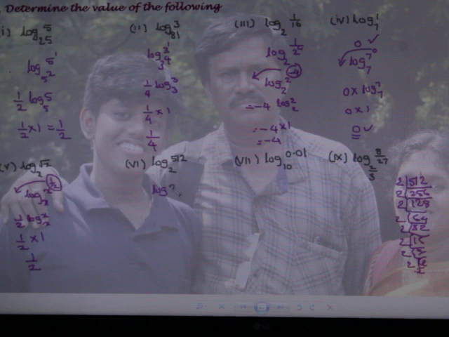This is 2 power 9, base 2. This power becomes the multiplier: 9 log 2 base 2. 9 into 1, that is 9.